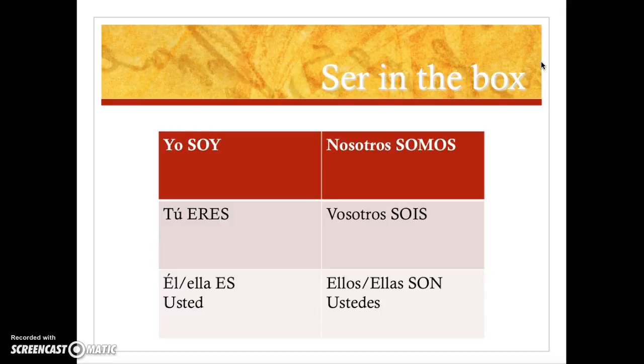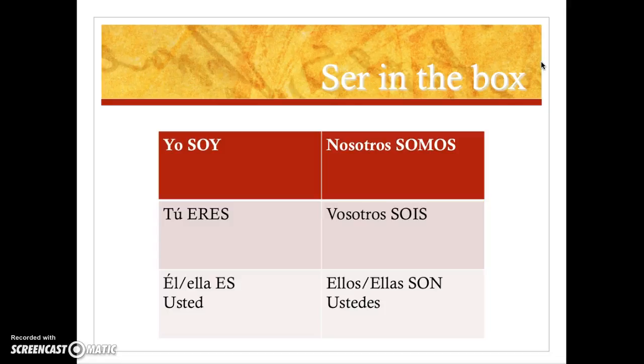In the box form, which I mentioned before, any verb that you come across in Spanish, eventually you will see it in the box form. We have soy, eres, es, somos, sois, son. And the verb ser is what is capitalized in that box.